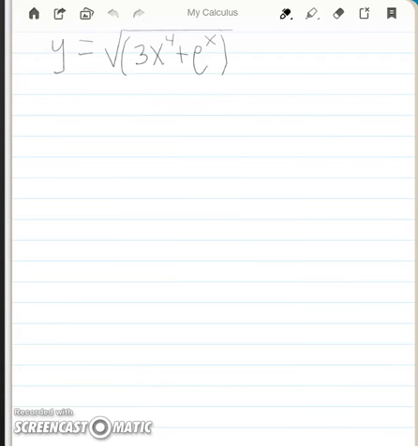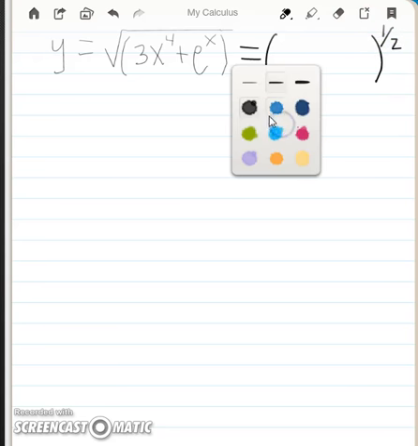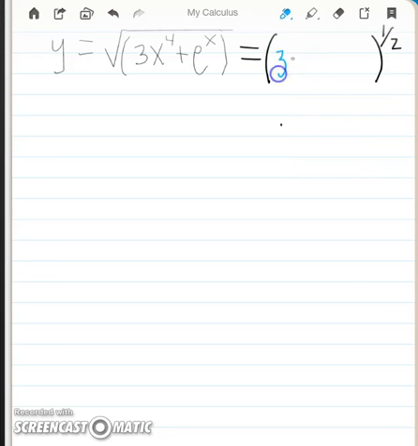Let's try this one. With this one, I like to rewrite it first to get rid of that radical. So I'm going to try my colors and say the outer function is black, and I'm going to rewrite that radical as something raised to the 1/2 power. And then I have an inner function, and let's say it's going to be 3x to the 4th plus e to the x.